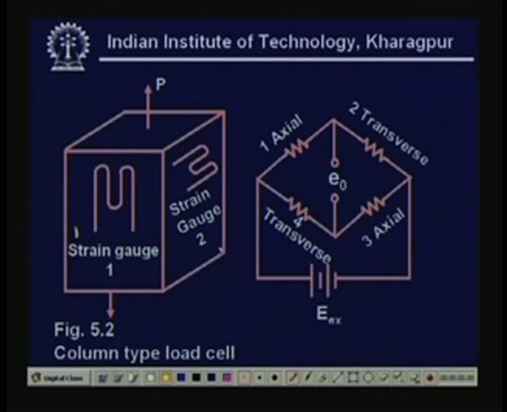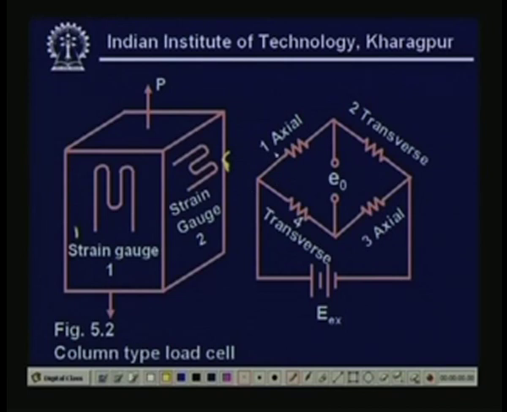Now, similarly you will find the other side, because there are 4 faces and you cannot see faces 3 and 4 of this load cell. So, on face 3, that is the back side of this one, there is also another strain gauge which is subjected to axial strain, whereas gauge number 4 will be subjected to the transverse strain, right.